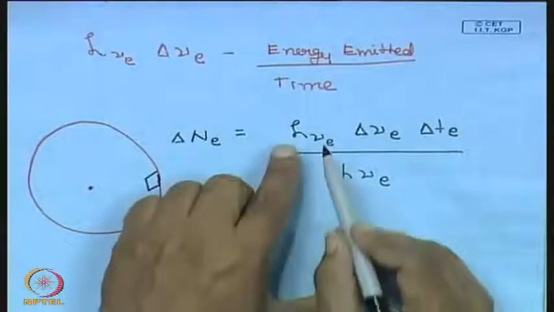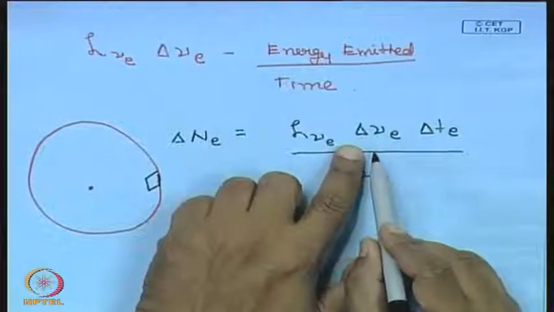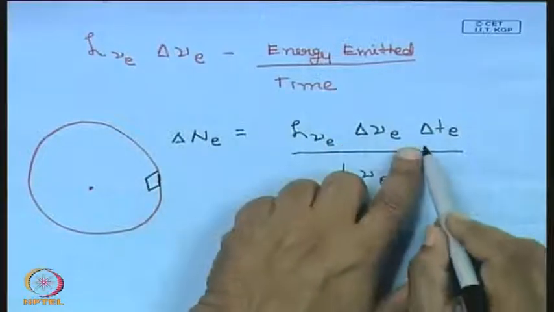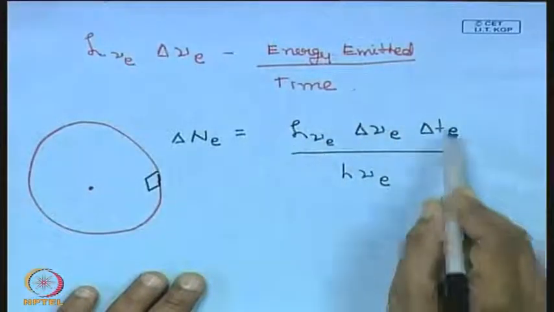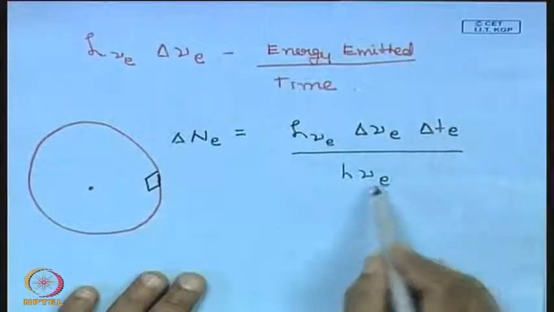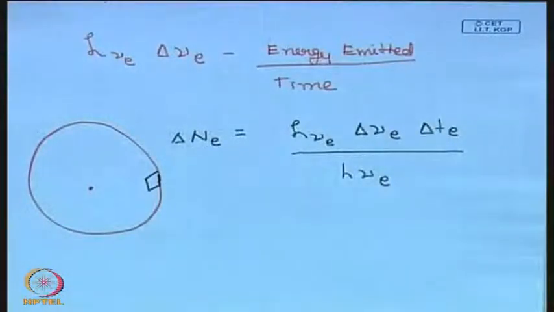This is the number of photons that were emitted in the frequency interval delta nu emitted in the time interval delta t emitted. This is the energy that was emitted in this frequency interval and time interval, divided by the energy of each photon, I will get the number of photons.